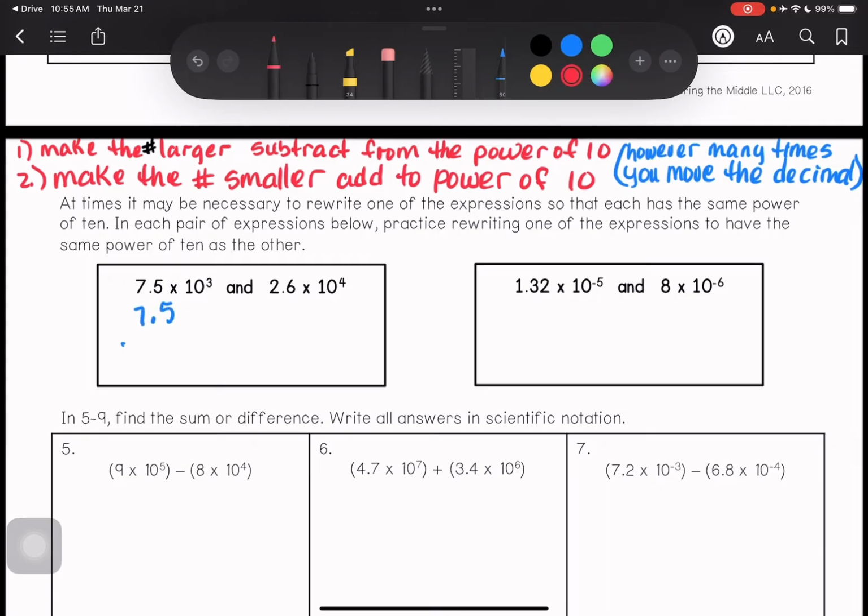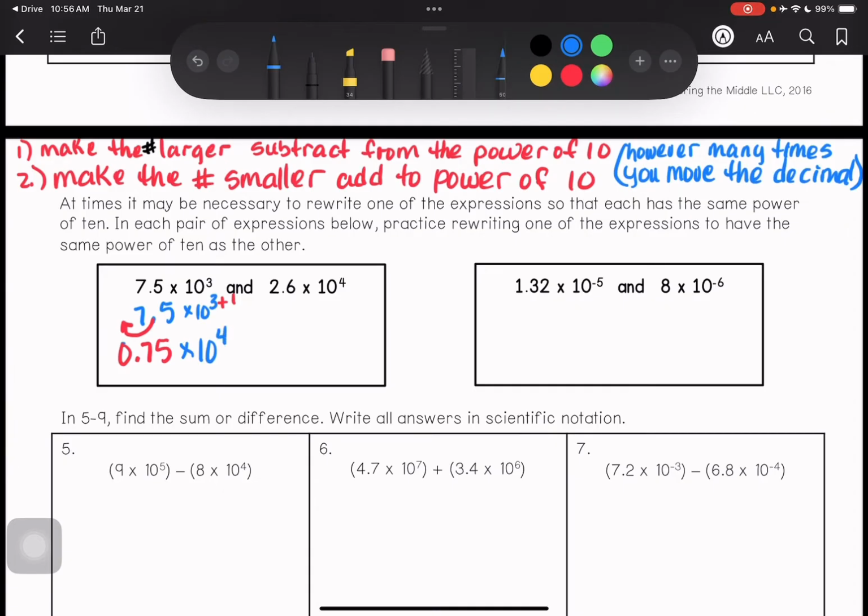So that means I'm going to move my decimal one place to the left, and I get 7,500s. Well, because I moved it one place to the left and made the number smaller, I'm going to have to add to that power of 10 to make the exponent larger. So the one decimal place that I moved, I'm going to move it by adding that same number of spaces to my exponent, which is 10 to the 4 power.